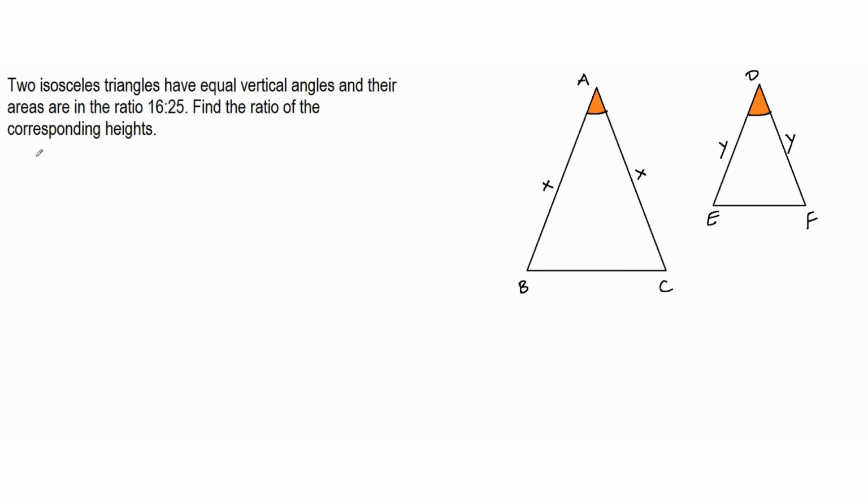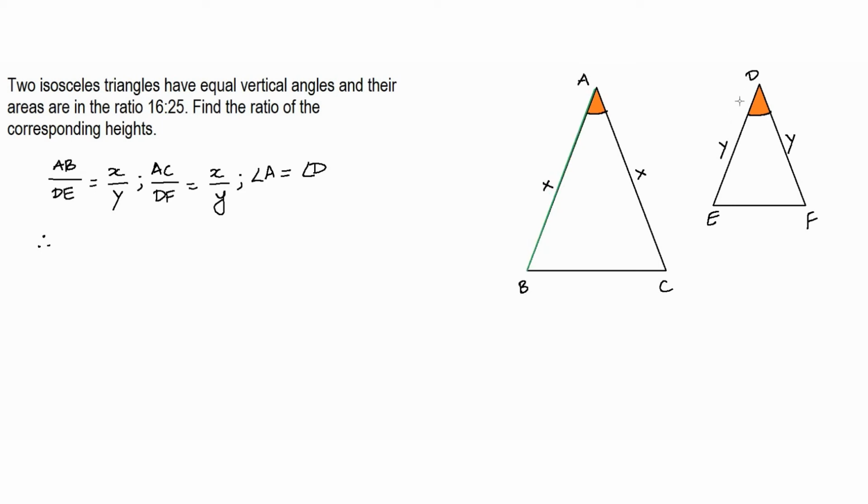So before I can use the property for areas, I first need to prove that these two triangles are similar. So the way I can do it is I can say AB upon DE is equal to X upon Y, and AC upon DF is also equal to X upon Y, and at the same time angle A is equal to angle D. Therefore, we have two sides which are in the same proportion.